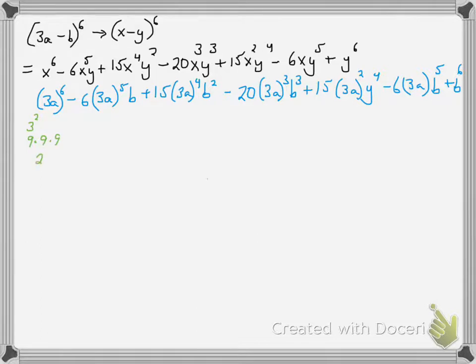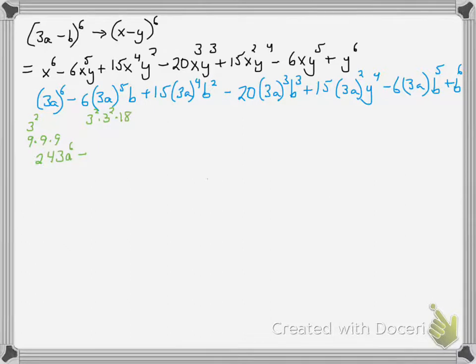That's going to be 243, a to the sixth. Next term, take 3 to the fifth power. Well, remember, 3 squared is 9. That would be 9 times 9, which would be 81, times one more 3, and times 6. So that'd be all of that.